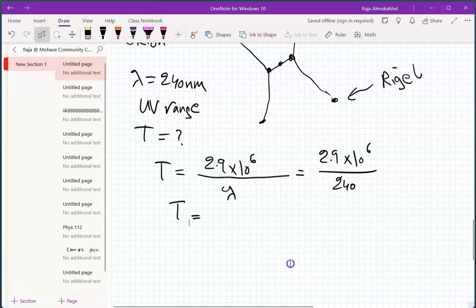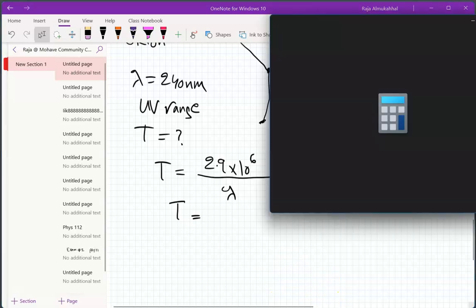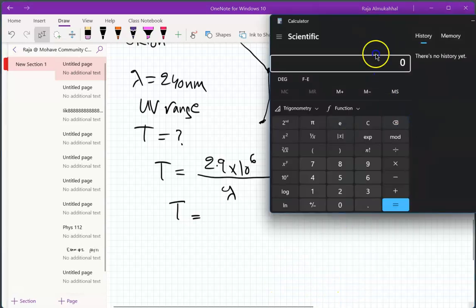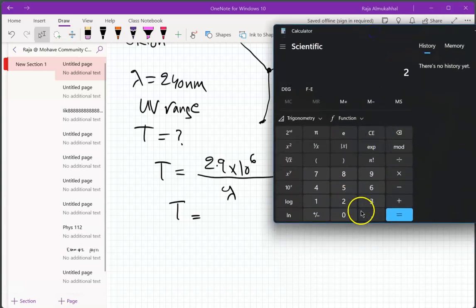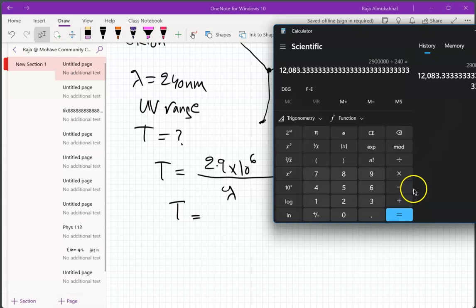Let me use my calculator there for you. So we have 2.9 exp 6 divided by 240. Answer, and we get, let me put it in scientific notation.